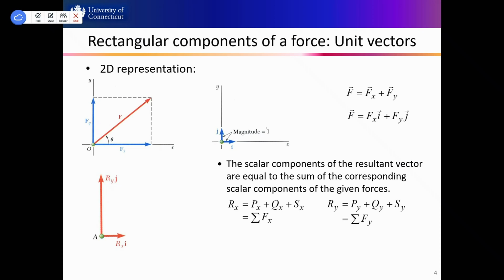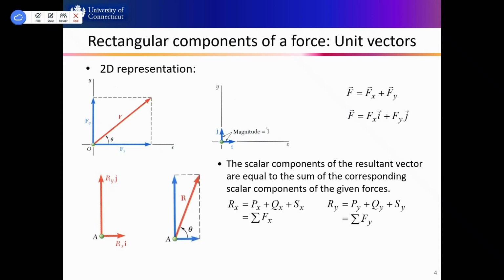So that's how we use the rectangular components, summing those components separately to find the X and Y components of the resultant. So that's the rectangular coordinate method, right?